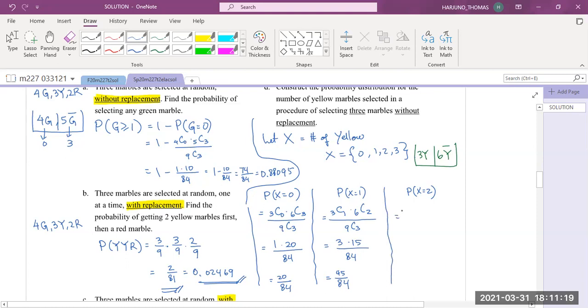Probability that 2 yellow will be 3 yellow choose 2, 6 not yellow choose 1 over 9 choose 3. That's 3 times 6 over 84. That is 18 over 84.